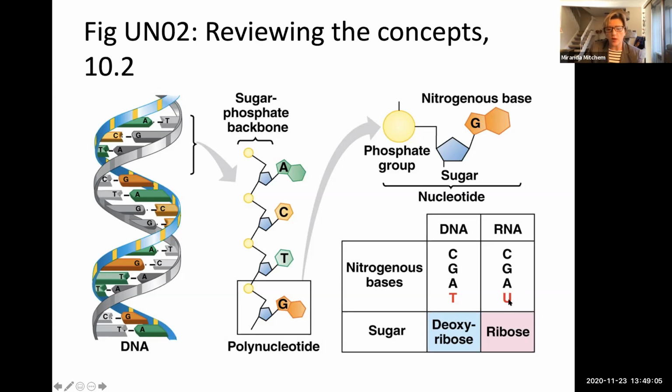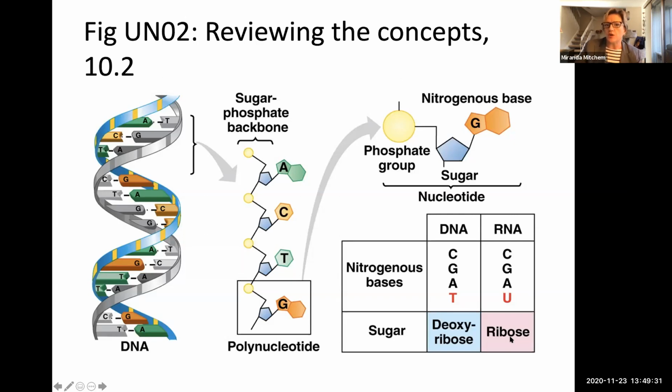Instead, it is replaced with uracil, which is abbreviated with the capital U. So that's one of the ways you can look at a sequence pretty quickly and see if it's DNA or RNA, is you look for either the presence of T's or U's. Now, if the sequence doesn't have either, then you don't know. And then we've got the difference in the sugar, deoxyribose versus ribose.